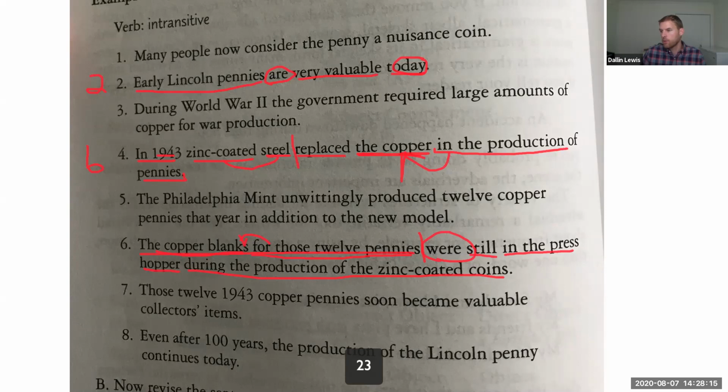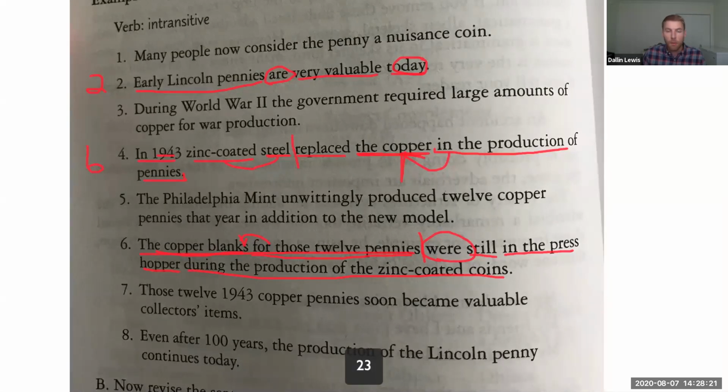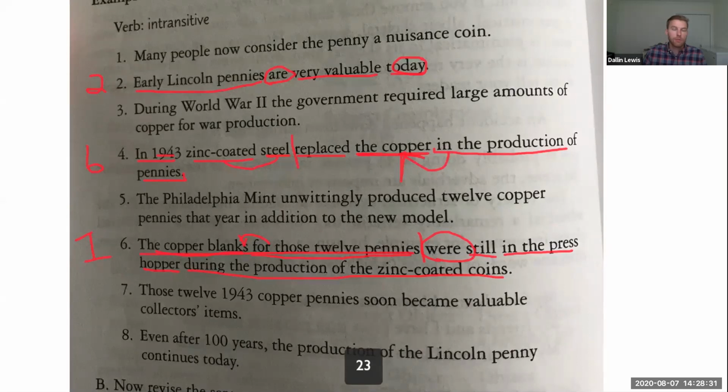The copper blanks for those 12 pennies is my subject, were is my verb, in the press hopper is my complement adverbial, so it's a pattern number 1. And notice how these last 2 prepositional phrases are optional because we could move them to the front. During the production of the zinc-coated coins, comma, the copper blanks for those 12 pennies were still in the press hopper. Still has the exact same meaning, so these are just optional.